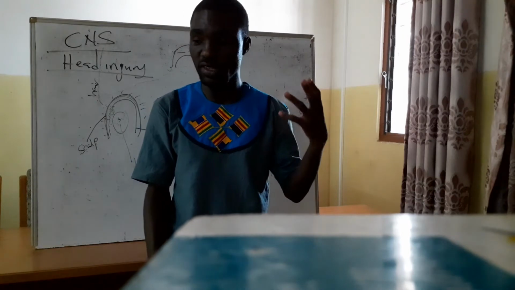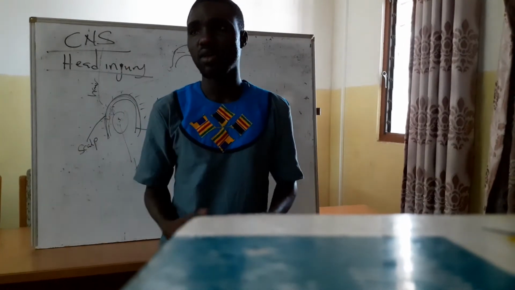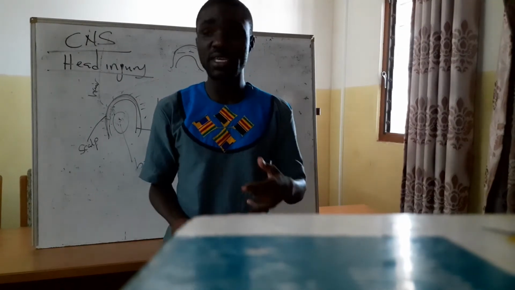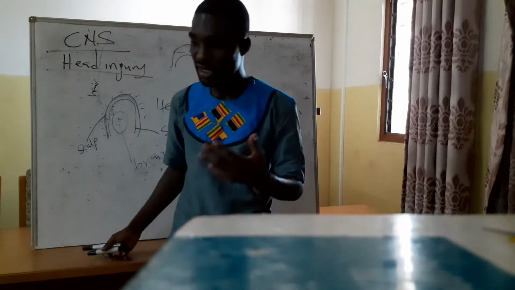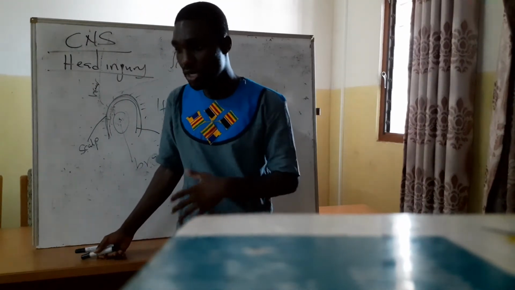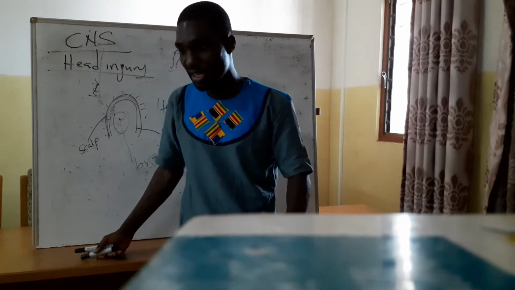That can also cause injury, or any penetrating objects, be it a knife, be it a gunshot, etc. All these can cause head injury, right? So it occurs as a result of external force from any of these things that I've mentioned.